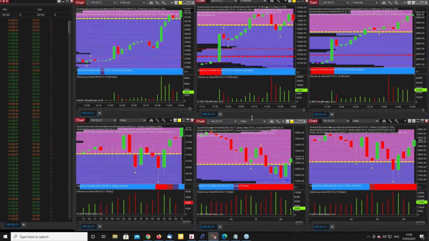So it's not always the case that they will act in concert together. Generally speaking, because they are related markets, they are risk markets, you would expect them to, but it's not always a straight line relationship, and that's certainly been the case over the last few months.